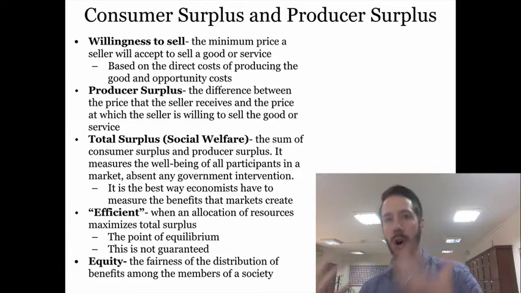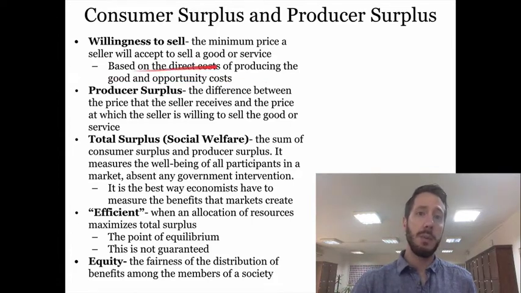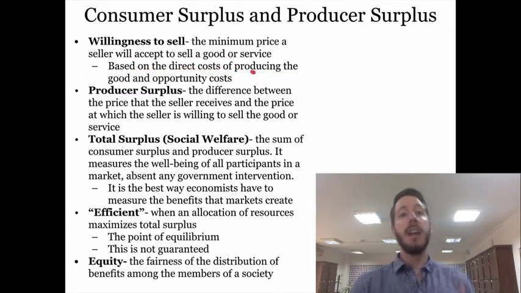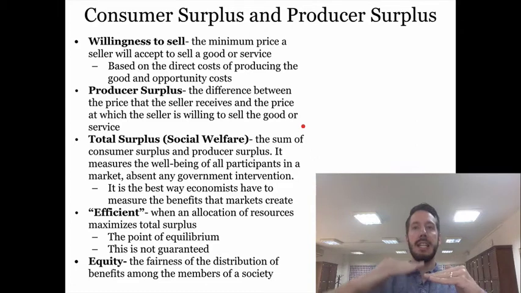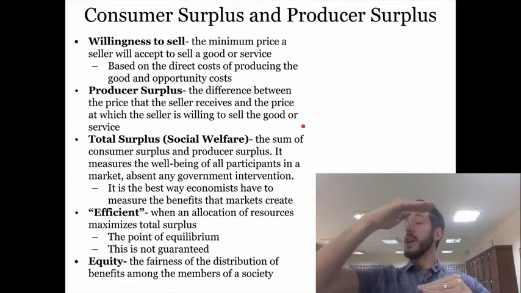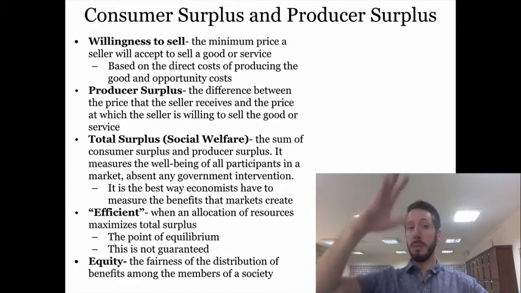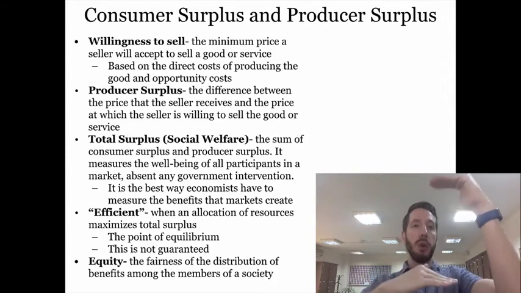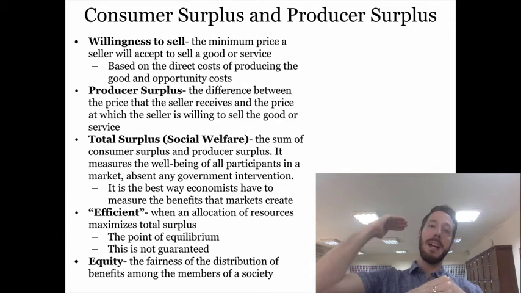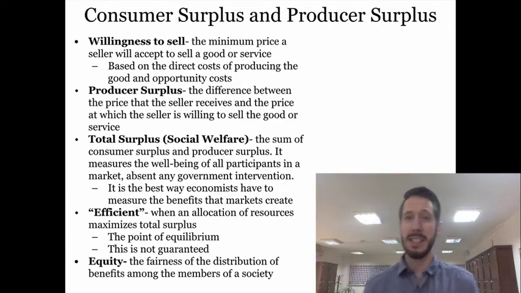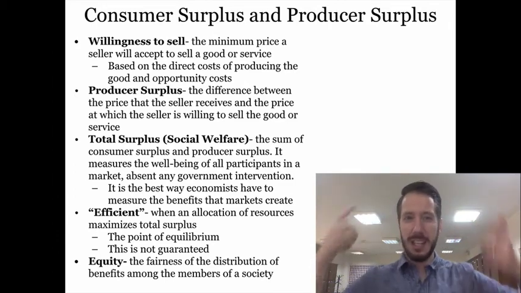And that's because of the costs used to produce that particular good. Now, a producer surplus is the difference between their willingness to sell price and the price they actually sell it for. So whereas the consumer surplus is a price below their willingness to buy, for a producer, the producer surplus is a price above their willingness to sell. You might want to write that down to get that in your head.